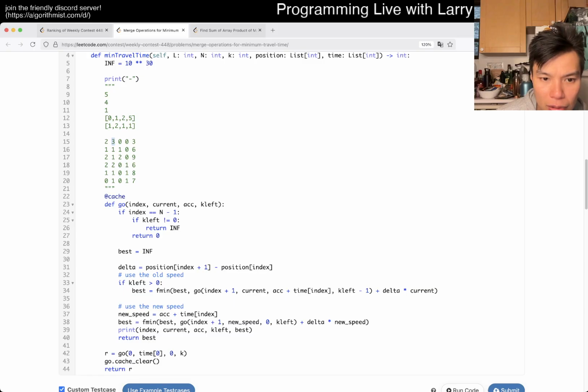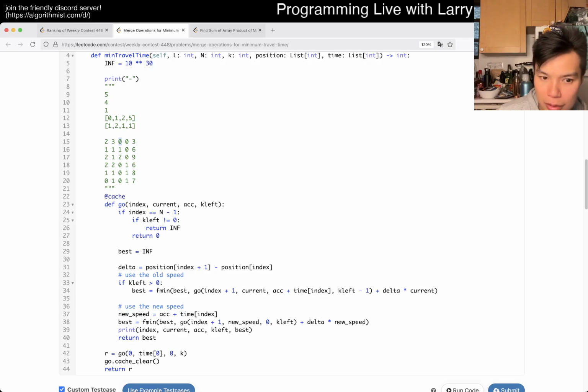Something is wrong. Okay, so this is definitely wrong. I see. Now I see it because it tries to use the new speed, but you can't use the new speed. Because you're given all the accumulating, right?